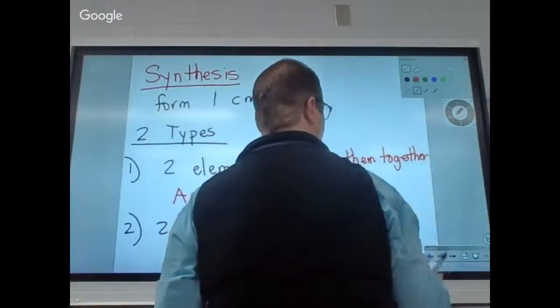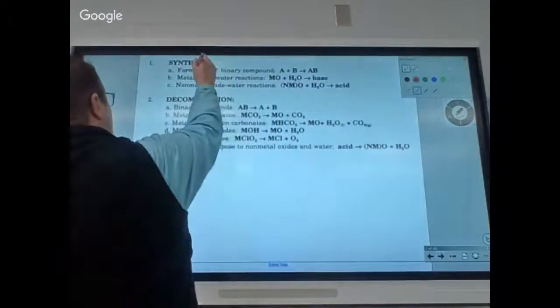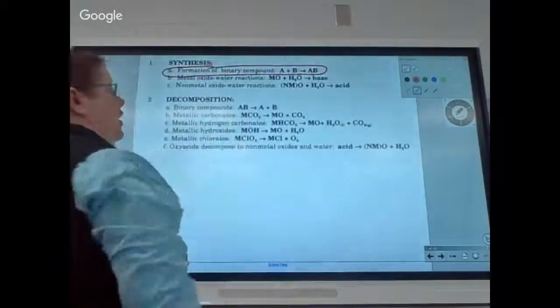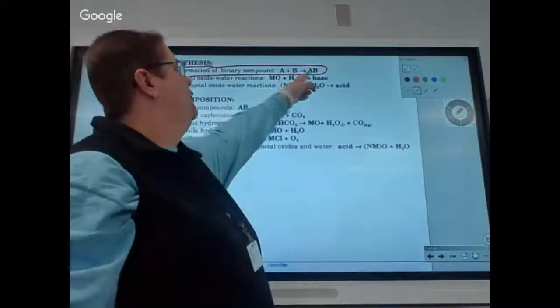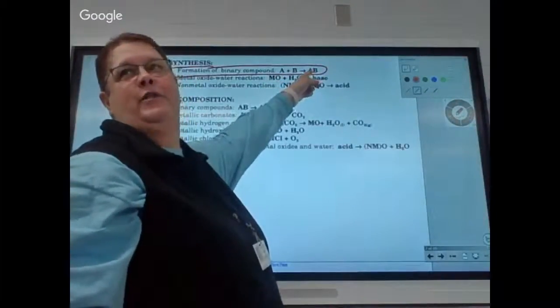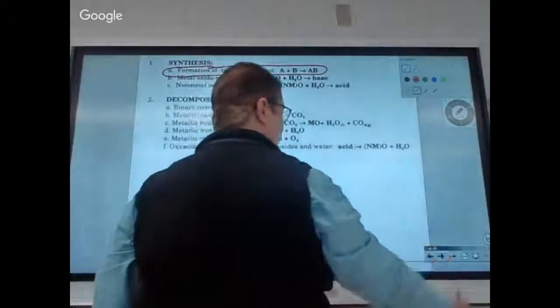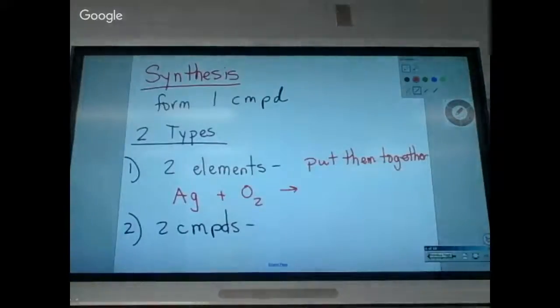And if you look at your reference table, the very first one shows that shoving them together that Madison showed. See how it says A plus B? And puts them together as AB. That's that shoving them together that Madison so eloquently described. All right, so what would Ag plus O2 make?